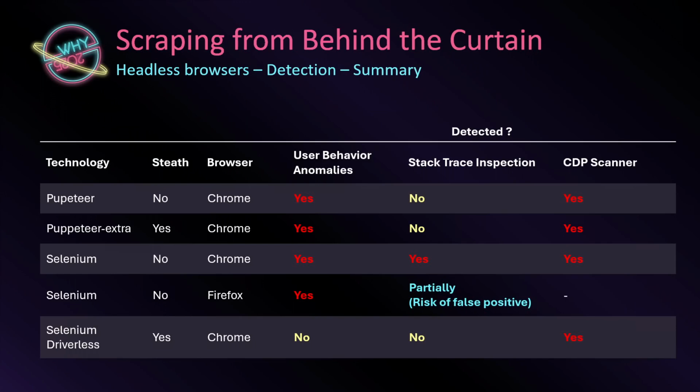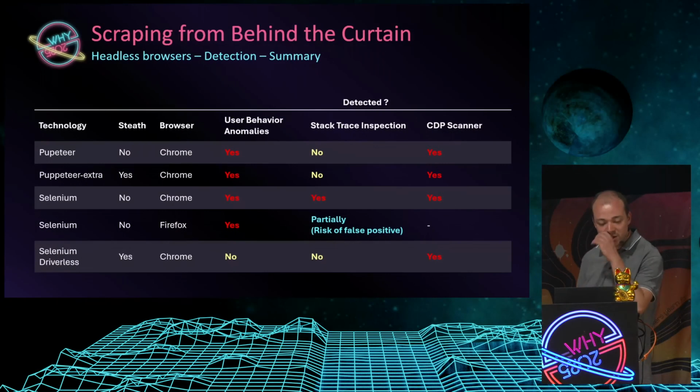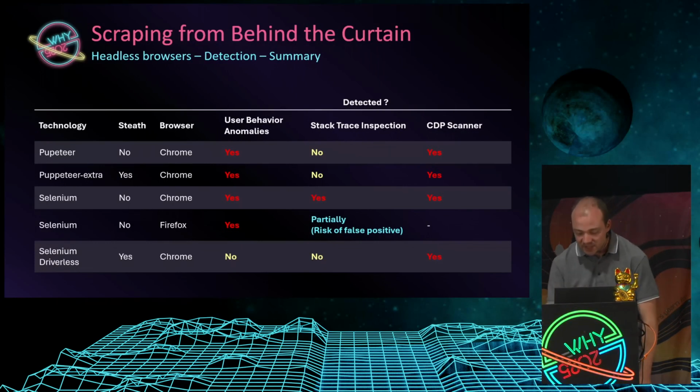And to finish, our client-side CDP scanner works for all solutions, even Selenium driverless when we use Chrome, because CDP is for Chrome. I am waiting for the W3C to finish WebDriver BiDi to check if we can also perform this kind of scan.